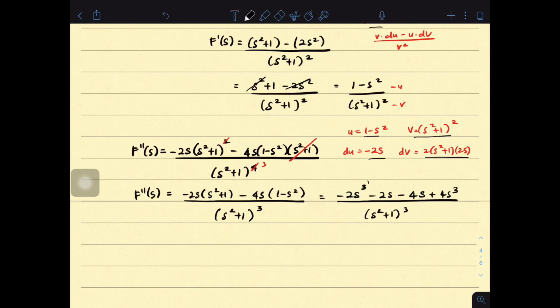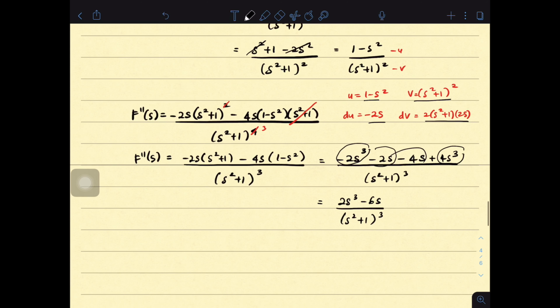Therefore, negative 2s cubed plus 4s cubed gives you 2s cubed. Negative 2s minus 4s gives you negative 6s. So you will have (2s cubed minus 6s) over (s squared plus 1) to the power of 3.